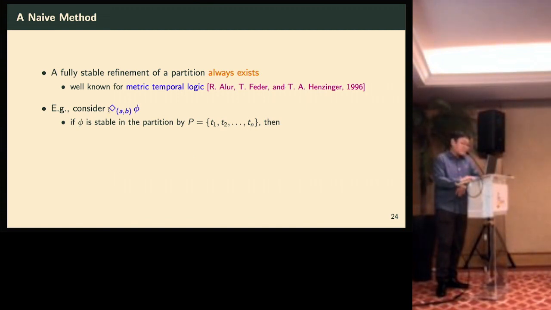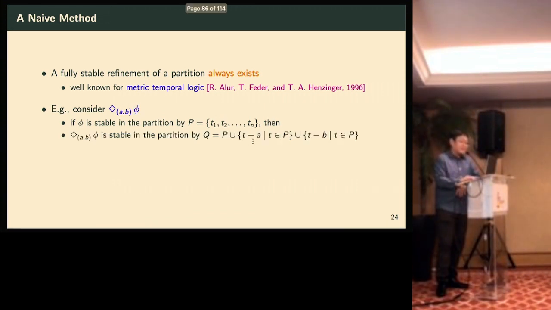Given some formula, for example with endpoints A and B, if the immediate subformula phi is stable in this partition for these time points, then by considering additional points, the original P plus T minus the left-hand point, union T minus the right-hand point, we provide a finer partition. By considering these time points, this is stable.